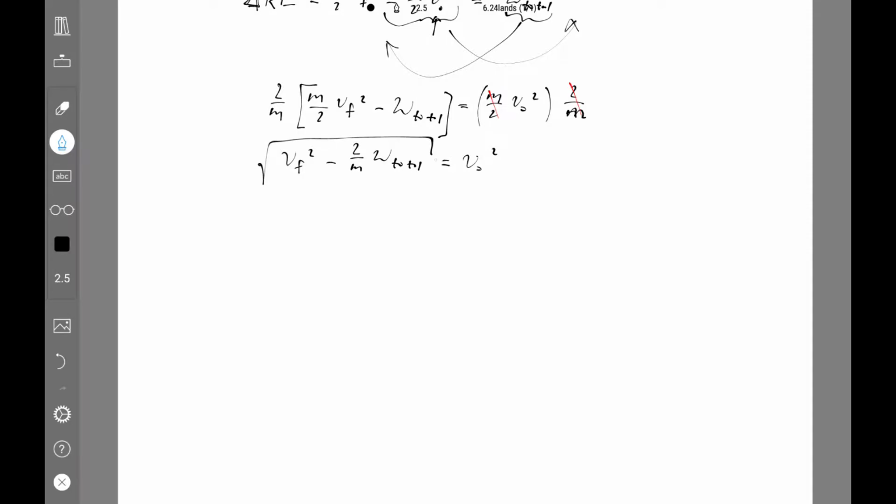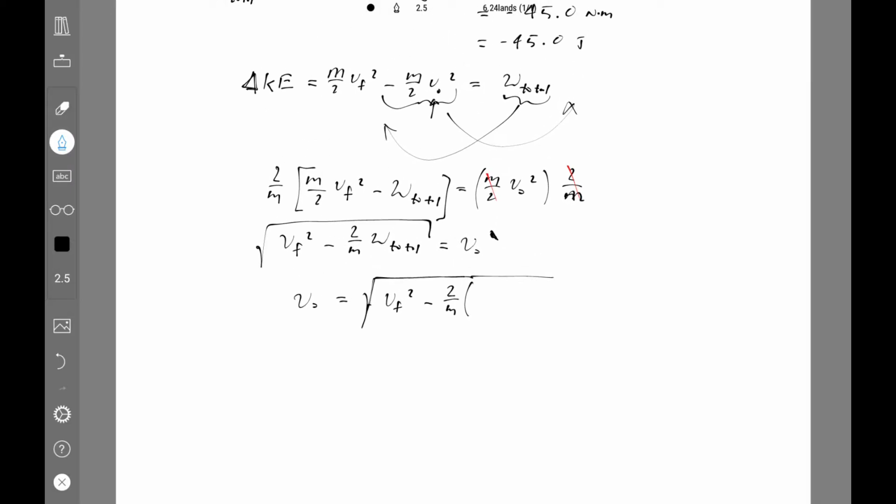Then I'll square both sides, which gets rid of that. Now I'll put in the numbers. Actually, let me do one more thing. So that's the final velocity squared minus 2 over m, and then w total.